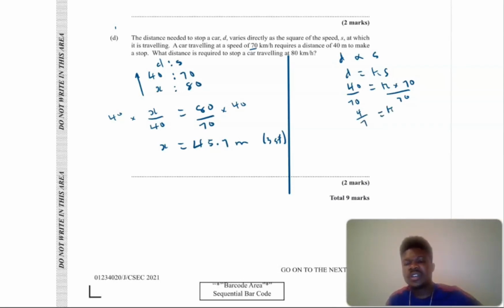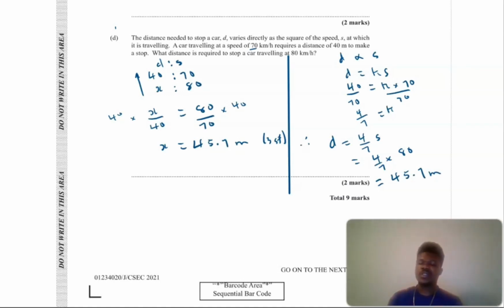So therefore the distance d equation would be 4 over 7 s, which would be 4 over 7 times the 80, and this again would be 45.7 meters. So both ways we get the same answer, whichever way you're more comfortable with, and there are also other ways to do it as well. So whichever way you're more comfortable with, go ahead and approach it. As long as your procedures are logical, you're good to go.